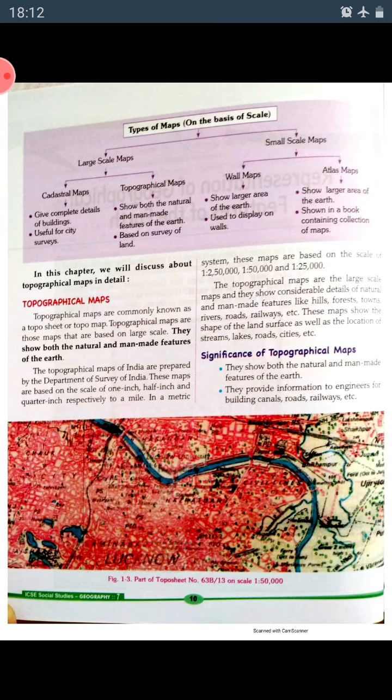So these are of two types, wall map or atlas map. So wall maps are used on a wall to show the particular feature on a map. And the atlas map, you have read about atlas. It is a collection of maps in a book. So an atlas map shows different types of maps in a particular book.